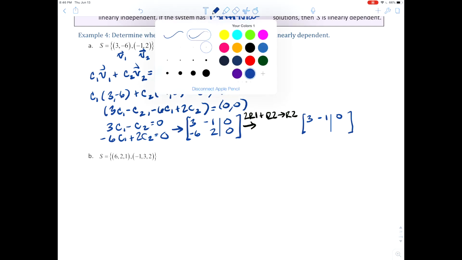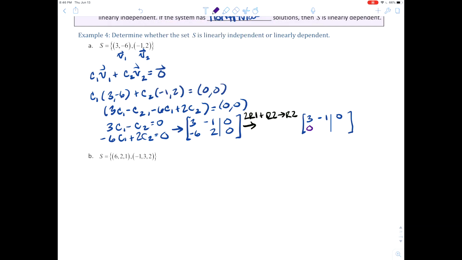And our new row 2 will be 0, 0, 0. Huh. All right, well, let's put this back into a system. You see that we'll have 3C1 minus C2 is 0, and that's it, right?